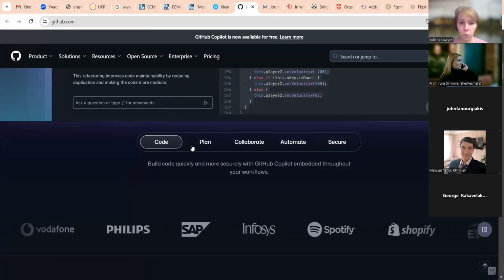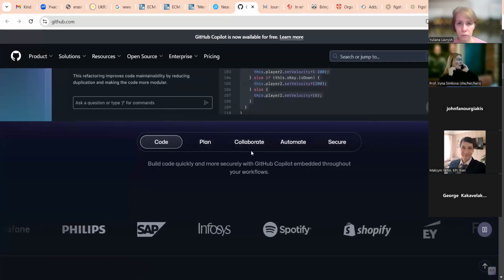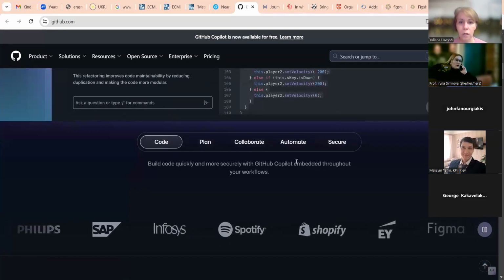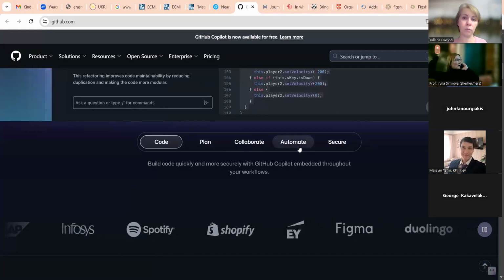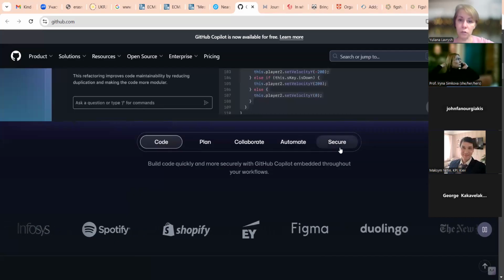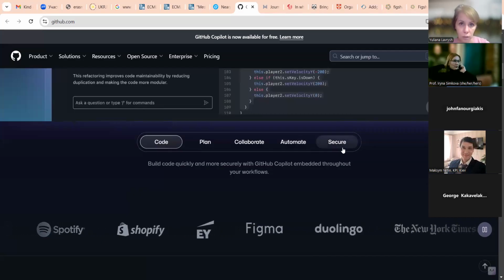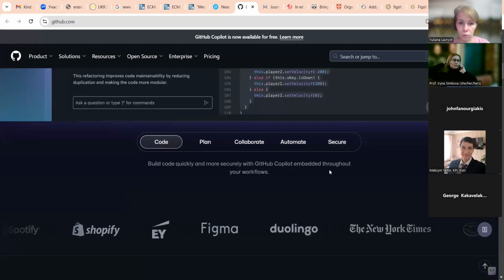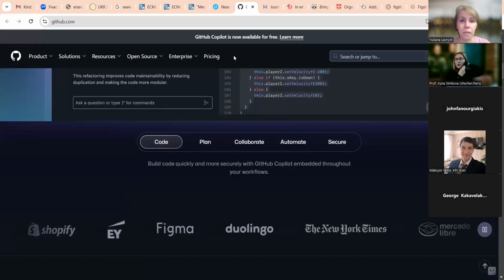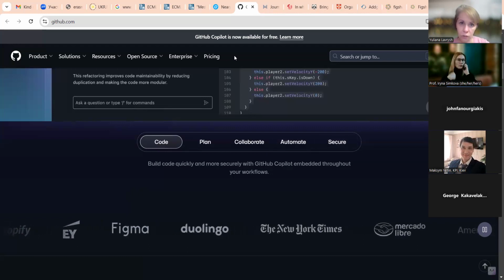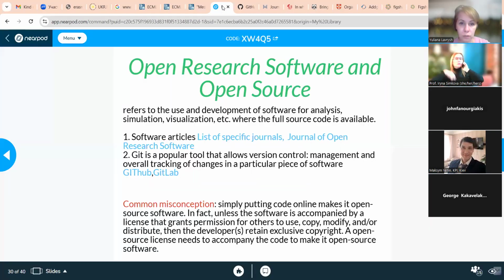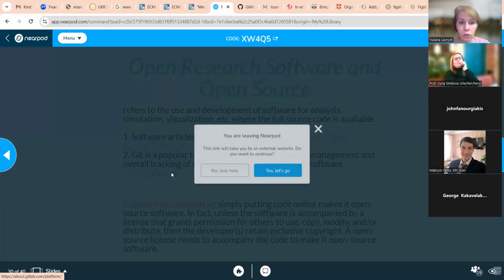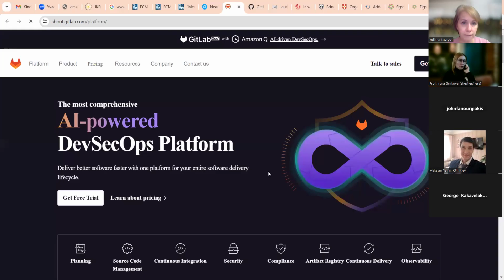You can ask for code, how to plan, collaborate. You can find partners here. You can find answers on how to automate some kind of process. And if you're concerned about security, securing your data and so on, it's also welcome here. It is not completely free of charge, but it has a free plan, and it might be sufficient for you at this point.